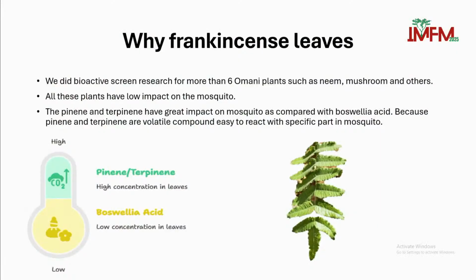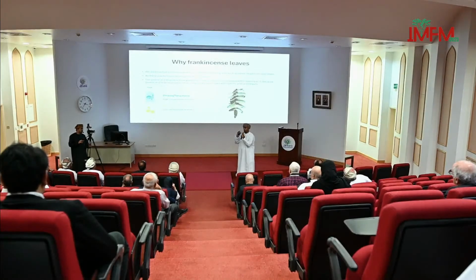Then why do we go for the leaves? Even the essential oil is important to control the mosquito, but why the leaves? Because the leaves have compounds that are not available in the gum or the final product. I need to control the mosquito. I am not working on anti-inflammation or other compounds.